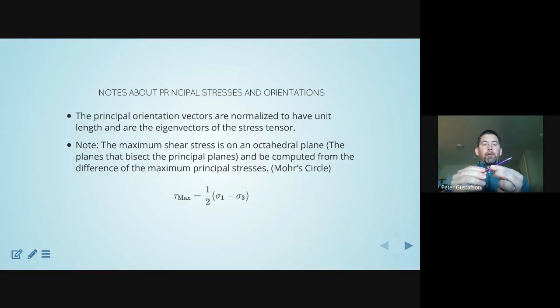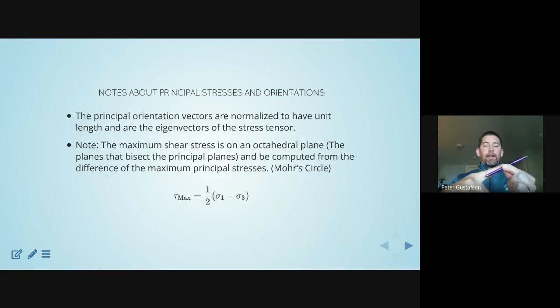Now let's go back to this two-dimensional vector. Again, I have my coordinate system. We're doing it in 2D, not 3D. This is what we said was an orientation that maximized the normal component of the vector. This was another one. Now it's notable that we also want to be able to find an orientation that maximizes the shear component.